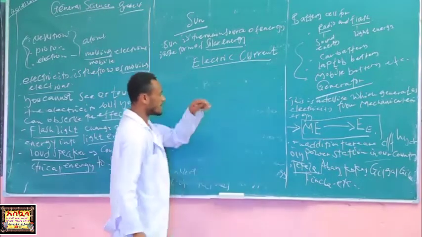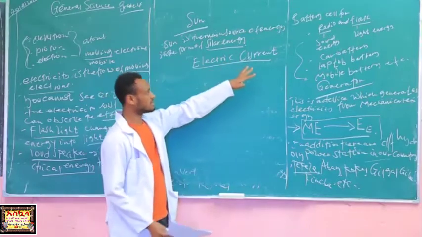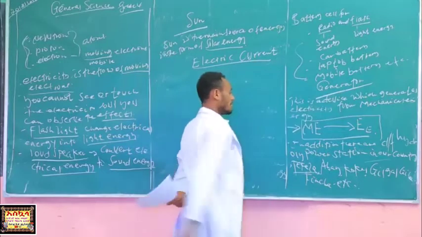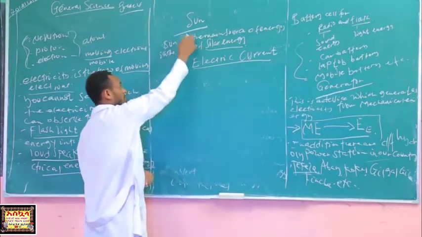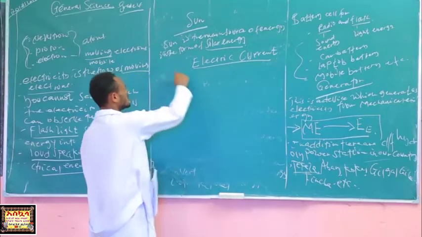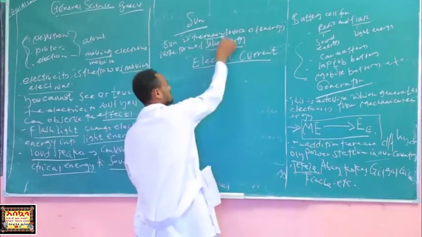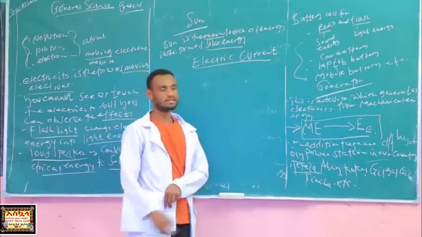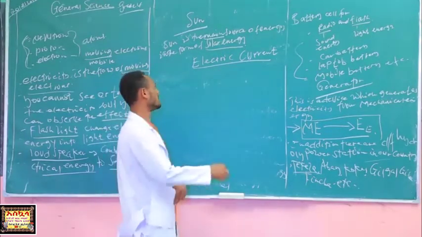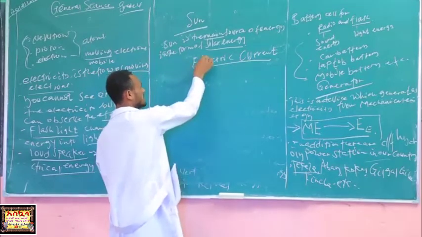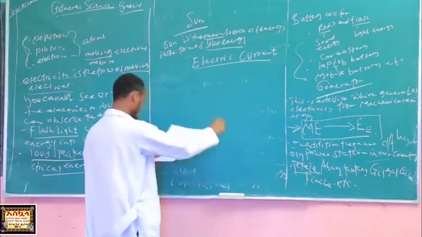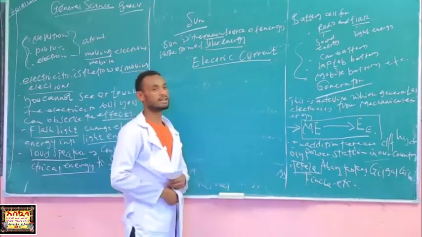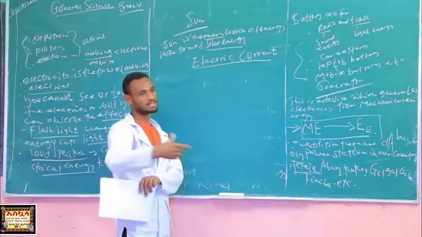By experience generally, you can get energy first from the battery cell, then from the generator. You can also get energy from the sun, the main source of energy, which is delivered to us in the form of solar energy. Look, another one is electrical current. What is electrical current? What is electricity? And what is current?